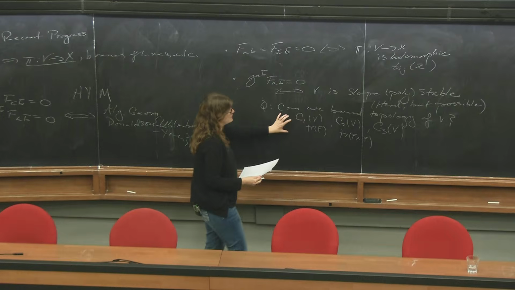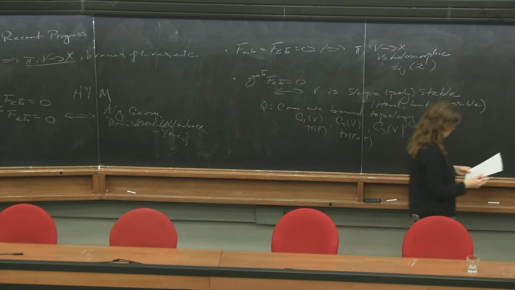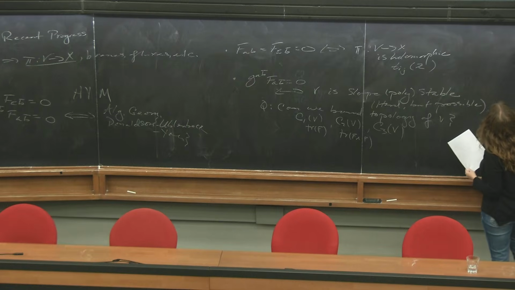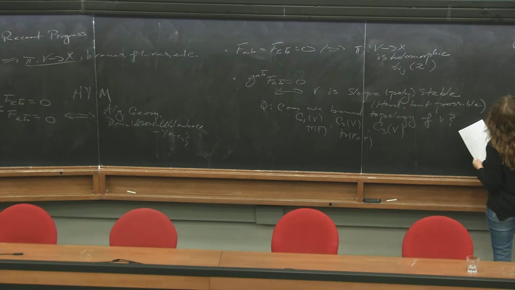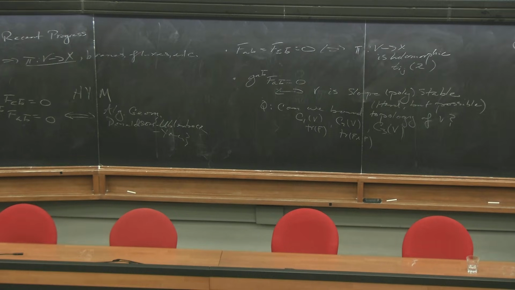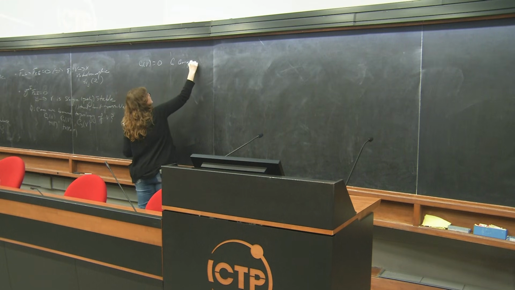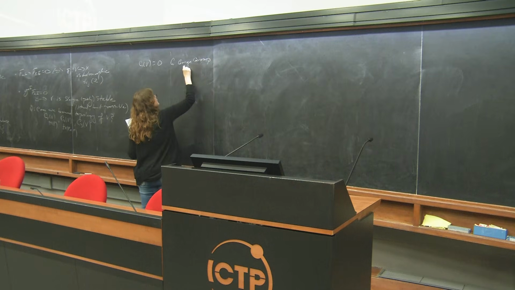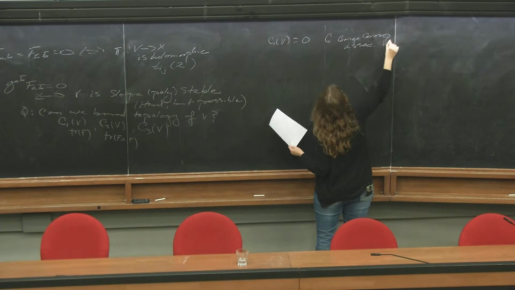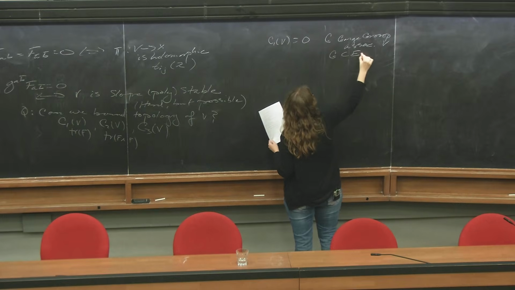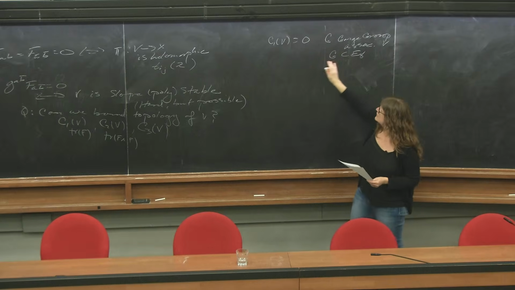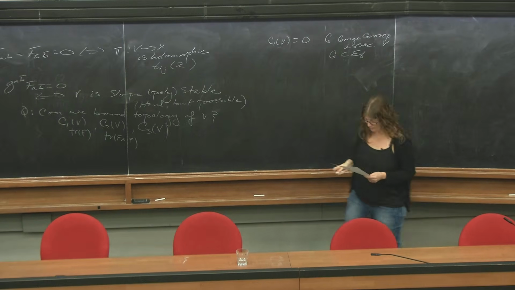And you can ask, what do I understand from the heterotic theory about that data? First, C1 of V is actually 0 for any gauge group that can be embedded into E8. So if I have a gauge group G associated to V, and G embeds in E8, because E8 is traceless, this actually tells you that C1 of V must be 0.